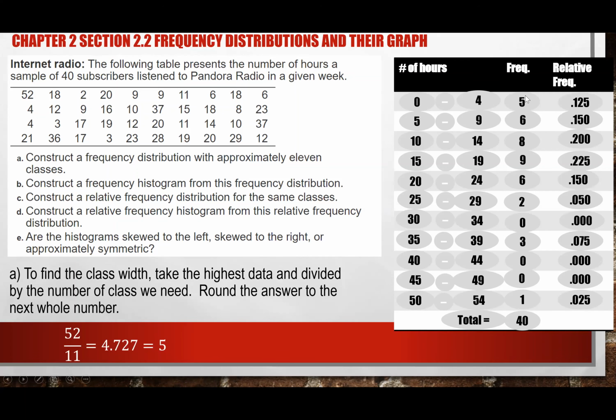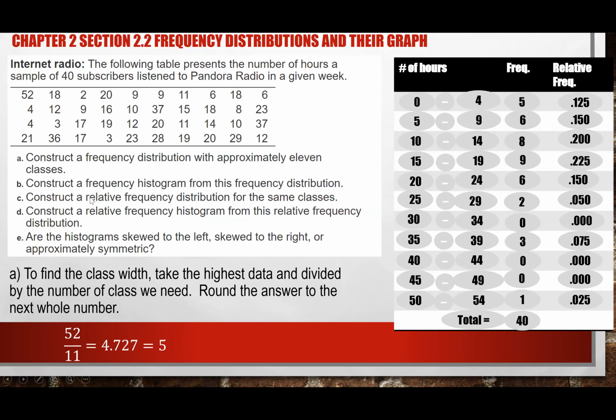The only thing we need to do is take the 5 divided by the total, which is 5 divided by 40, to give me 0.125. You take 6 divided by 40, and so on and so forth. Okay. Any question with this frequency and this relative frequency?